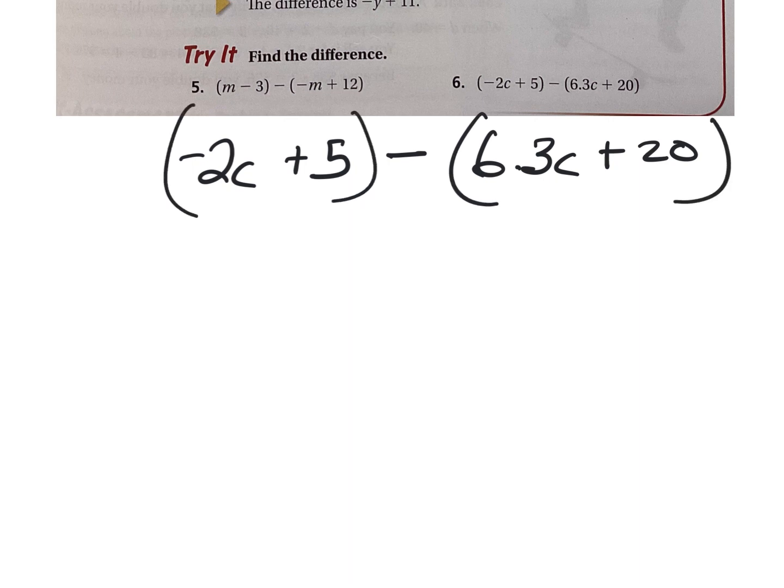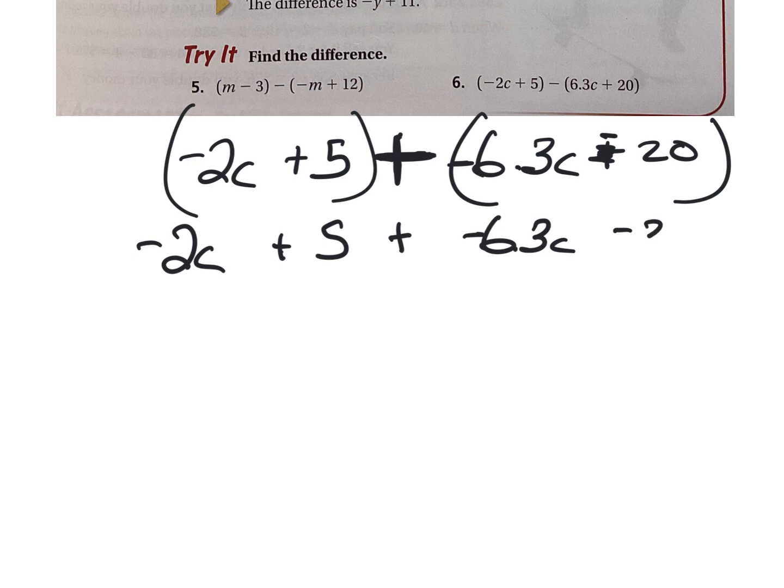This I'm going to keep just like it is, but this one, instead of subtract, I'm going to change that to add. So I'll add the opposite. That becomes a negative. That becomes a negative. So now I have minus 2c plus 5 plus a negative 6.3c minus 20.